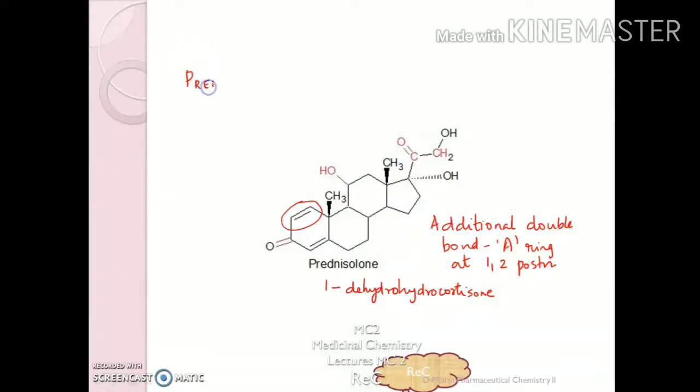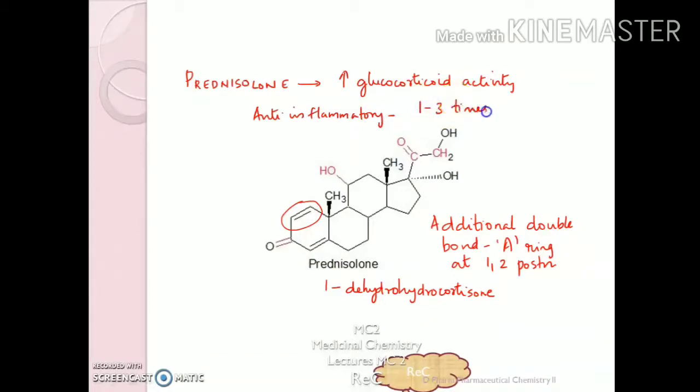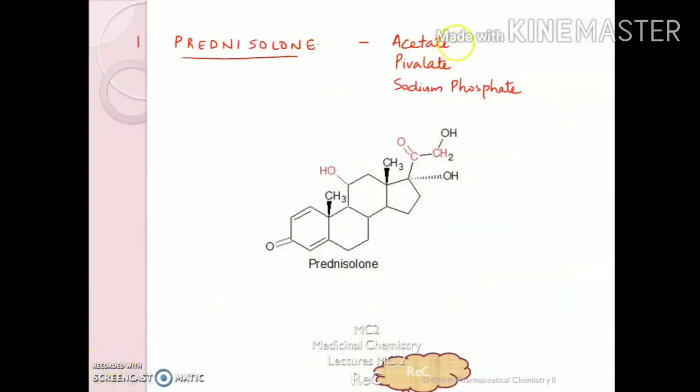Prednisolone has marked, increased glucocorticoid activity, 1 to 3 times more than hydrocortisone, and so it has 3 times more anti-inflammatory activity than hydrocortisone. It has very little mineralocorticoid activity, so the disadvantages of sodium retention, edema, etc. can be minimized. Prednisolone is used in its acetate ester form.